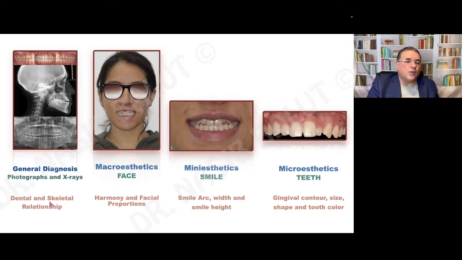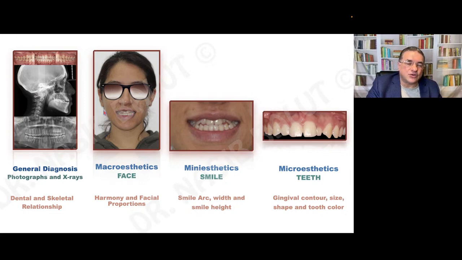So I want to end up the case with a good dental and skeletal relationship. The macro aesthetic is going to help me if I want to extrude more the upper anteriors, to evaluate my buccal corridors, and evaluate my smile arc.